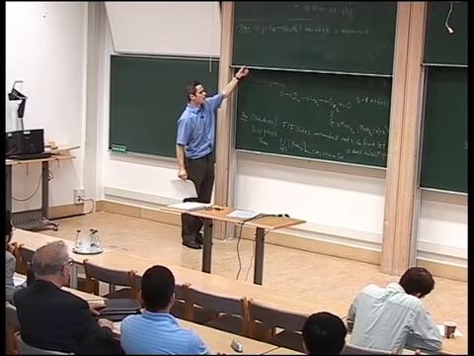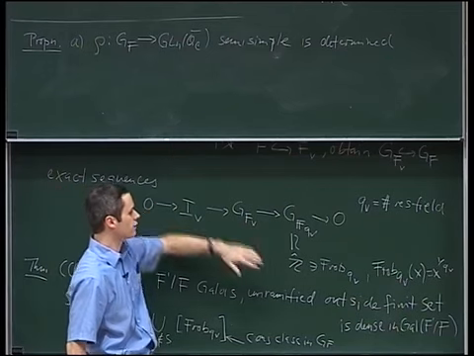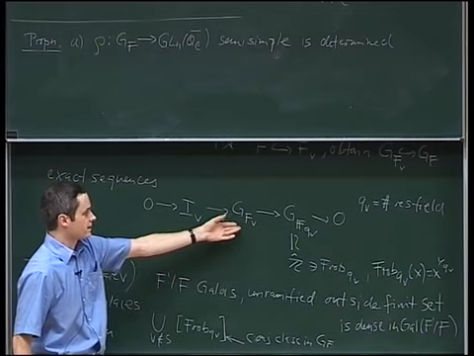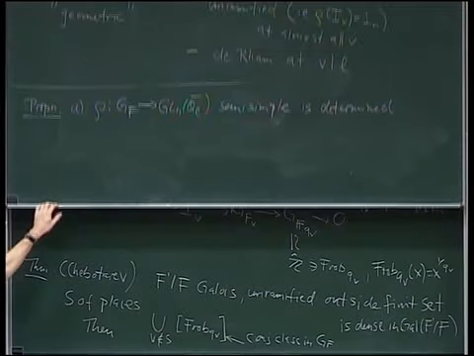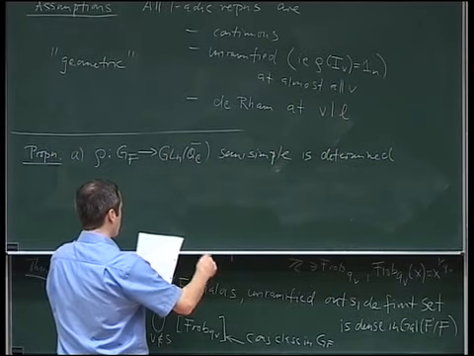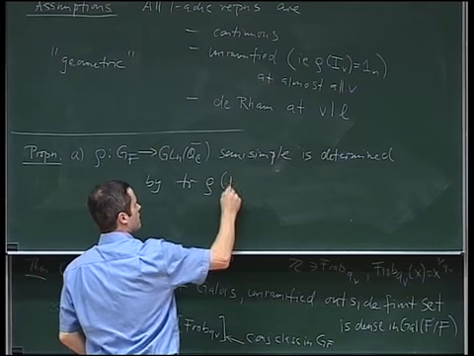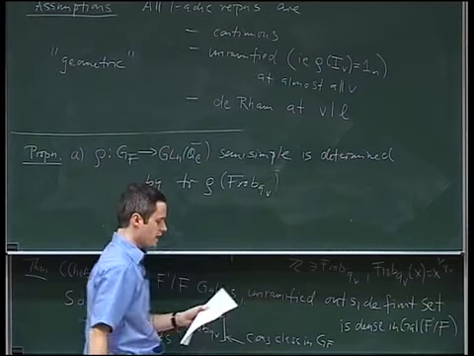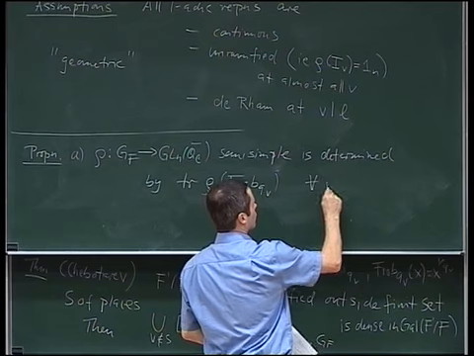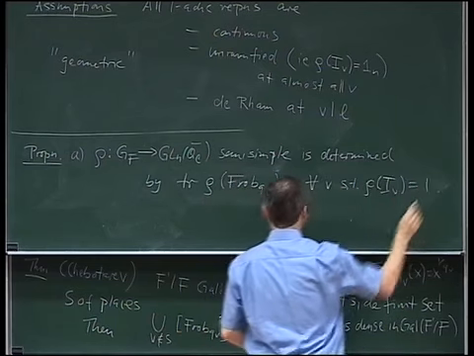If you look back here, it does make sense to talk about the value of rho on Frobenius. We just take any lift of our choice here. So it's determined by the traces on the Frobeniae for all V where rho is unramified.